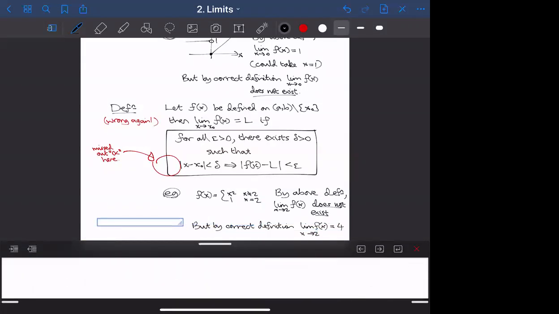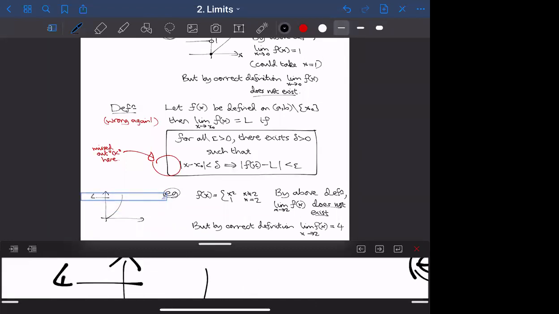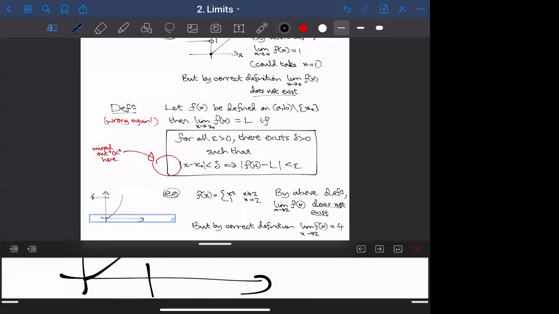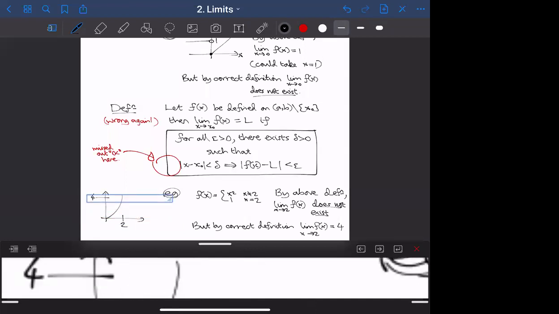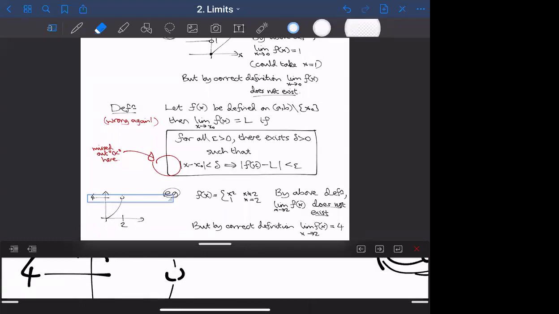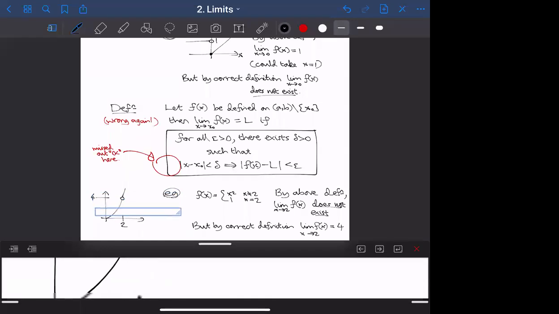So remember, if we draw the graph, the graph looks something like this. So it's the x squared graph, except at this point, where the value suddenly equals 1.